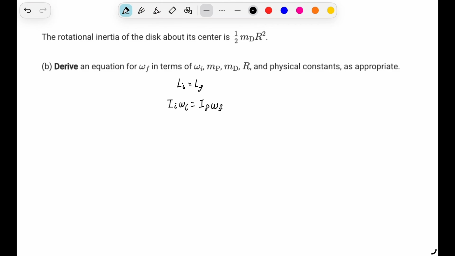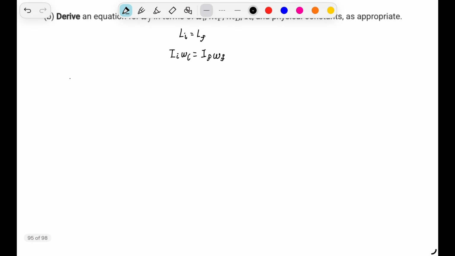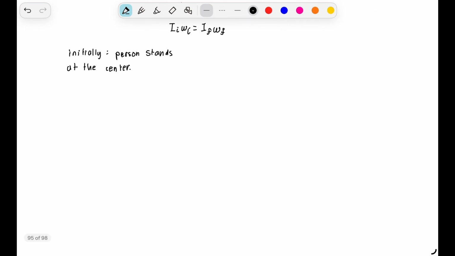Now, initial rotational inertia, we know that initially our person stands at the center. And if the person is standing at the center, we can talk about how this is going to be a point mass. So at this moment, the radius is going to equal 0. And I is equal to 1/2 mr squared.